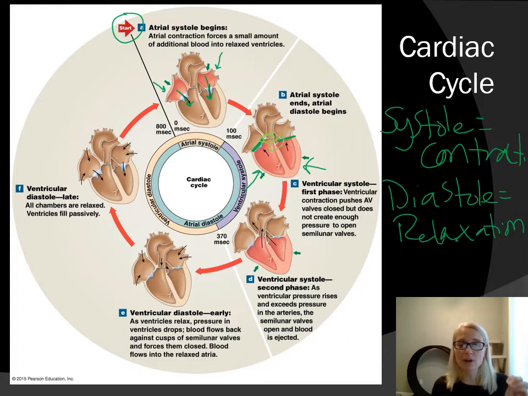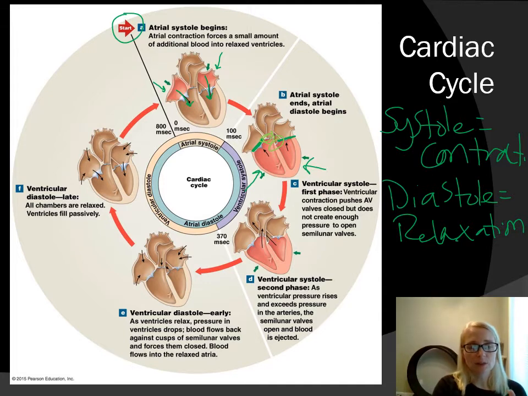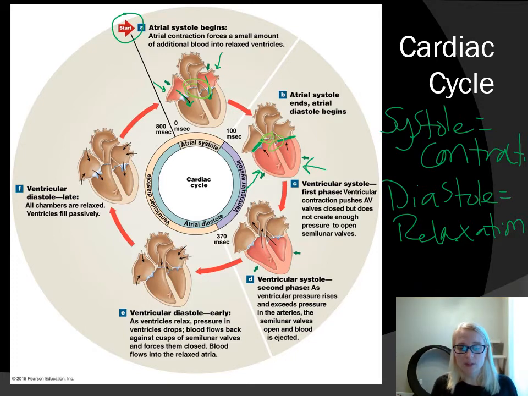So there's a very specific point in time where, as the ventricles are relaxed, your semilunar valves are closed, but the AV valves are open. When the ventricles start to contract, they produce enough pressure to close the AV valves, but not enough pressure to open the semilunar valves. So this is a period that's called, oh, it's not listed on here.